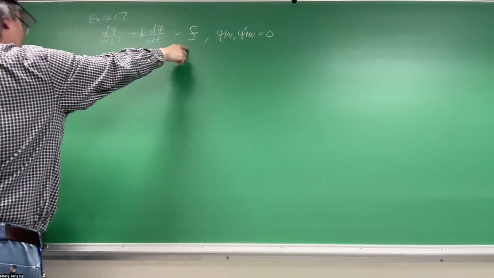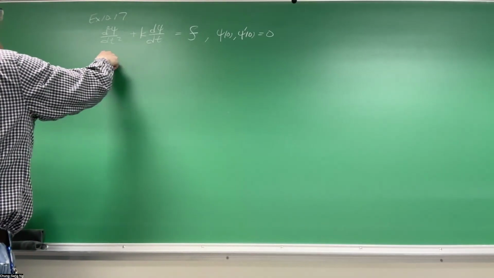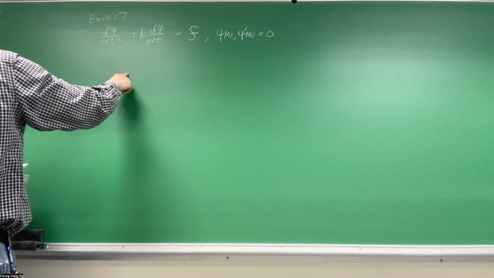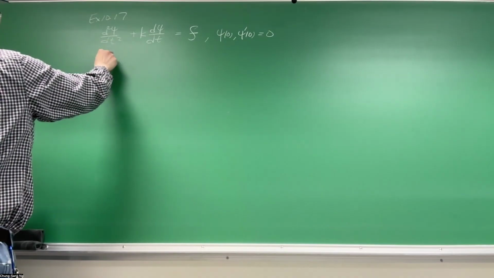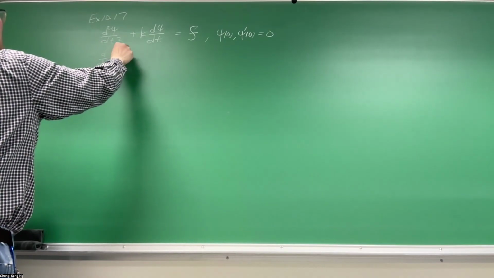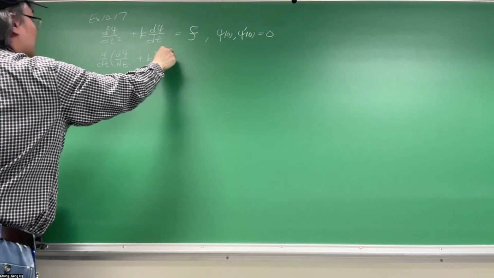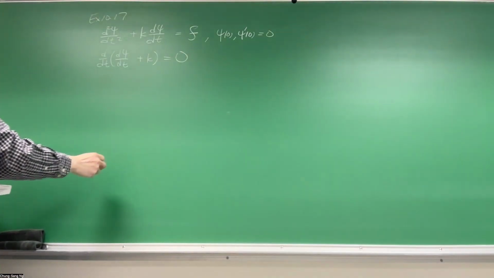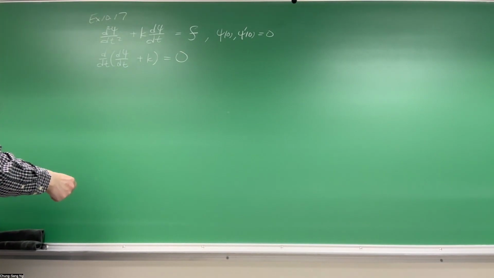The homogeneous solution is basically f equals 0. So this is basically this first order d/dt of d psi dt plus k psi. The homogeneous solution is like that, and k is a constant.